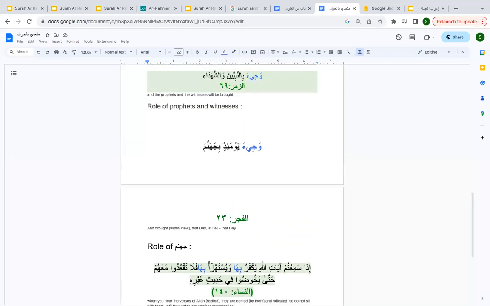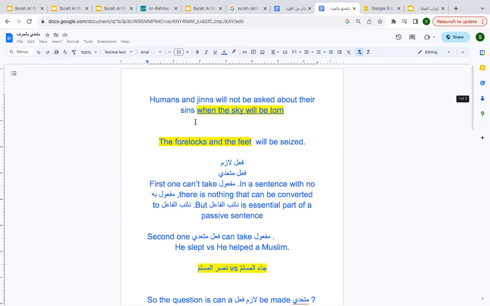Similarly, in the passive, you cannot make a word passive if a word cannot take an object. If a word cannot have a maf'ulun bihi, you cannot make a passive out of it. But there is a loophole. There is a way for a word to be made passive. For example, when I say I sleep, I cannot say sleep someone or something, right? So can sleep take a maf'ul bihi? What do you think? It cannot.